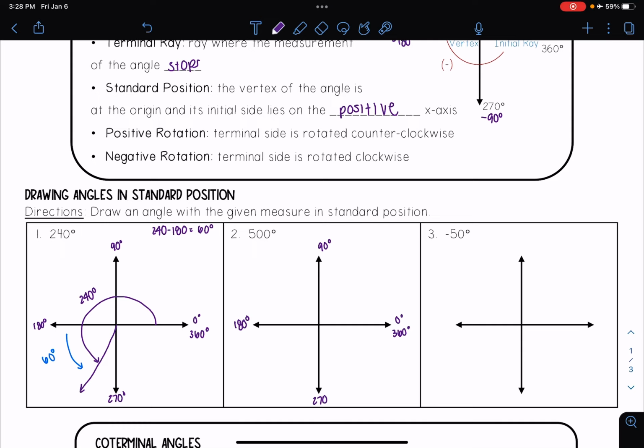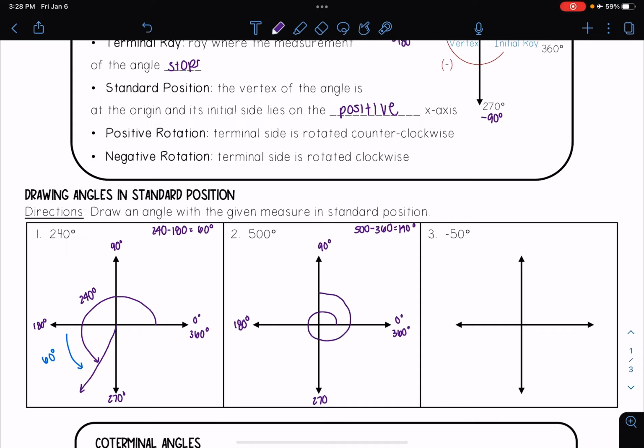So I'm going to be going more than one full rotation. And if I do 500 minus 360, I see it's going to be 140 degrees past the 360 mark. So that means I want to go one full rotation and then I want to go 140 past.